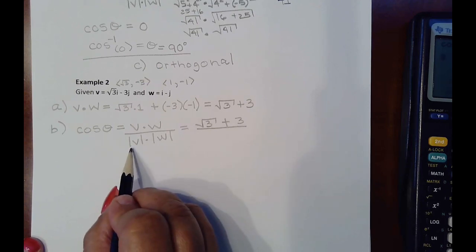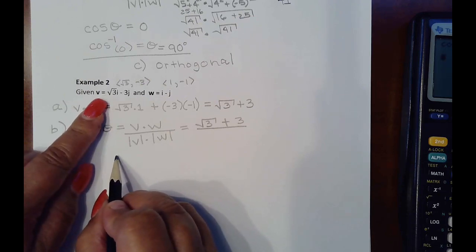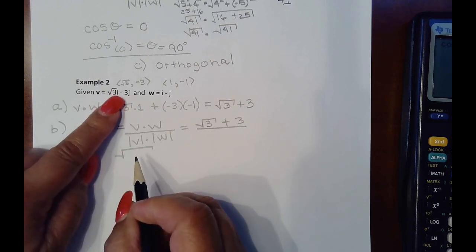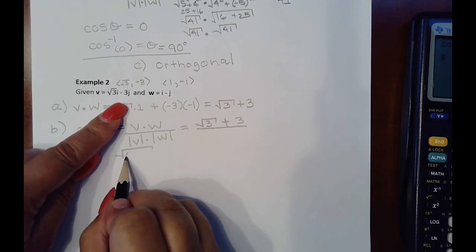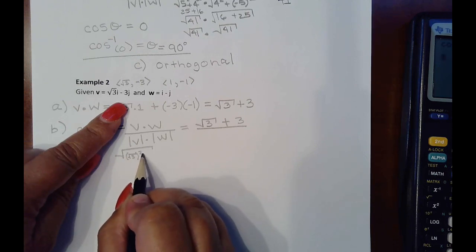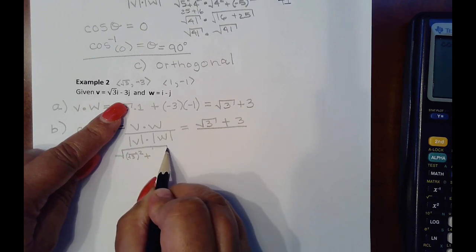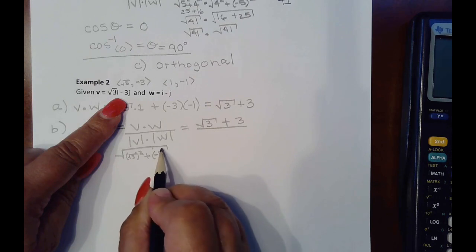And then the magnitude of V would be the square root of, we're going to take the front component and the back component and square them. So it's square root of 3 squared plus negative 3 squared.